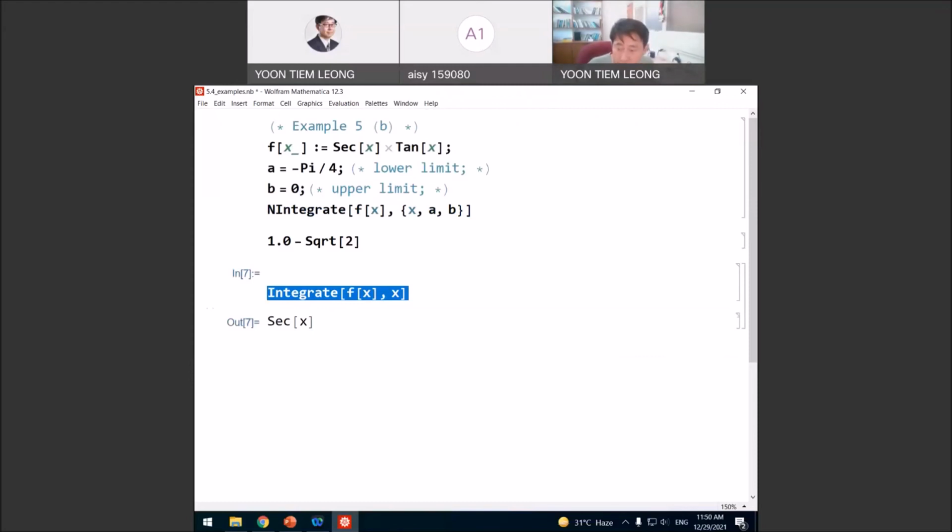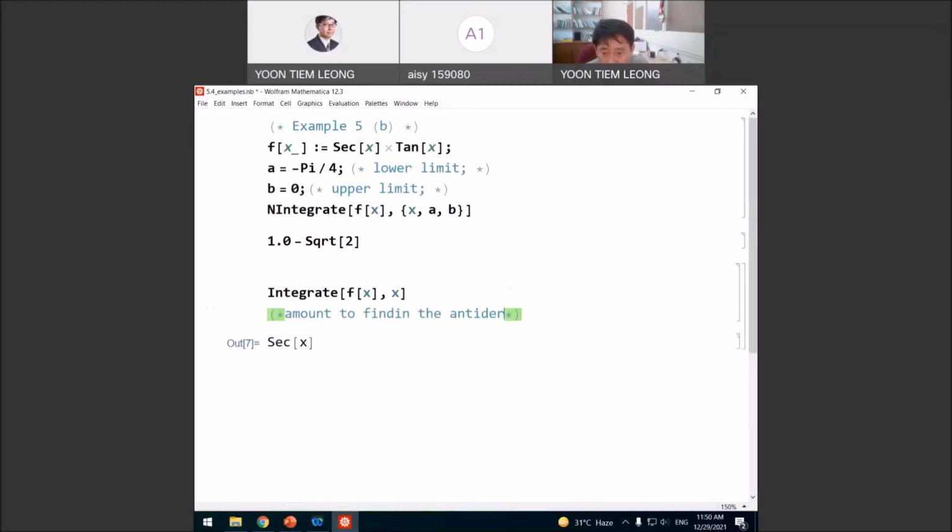The indefinite integral here is actually asking Mathematica to find the antiderivative. Okay, so that is the example that I want to show you.